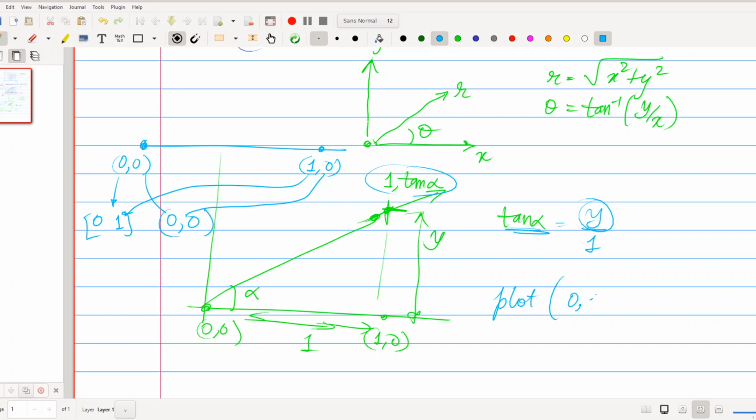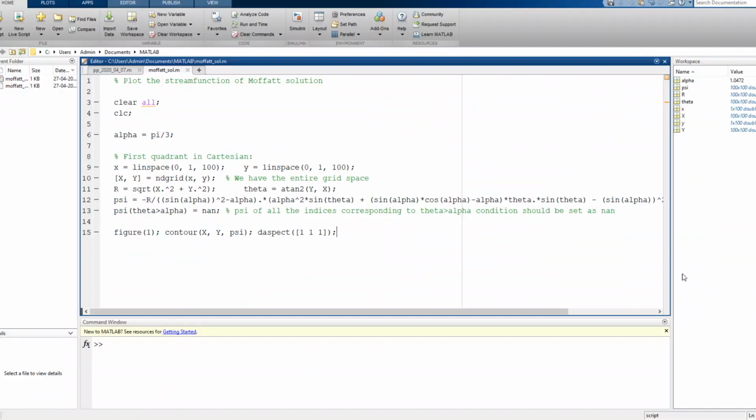So the x coordinate pairs are 0 and 1, and the y coordinate pairs are 0 and 0. Let us draw it as a red line with a good line thickness. So this is the x-axis.